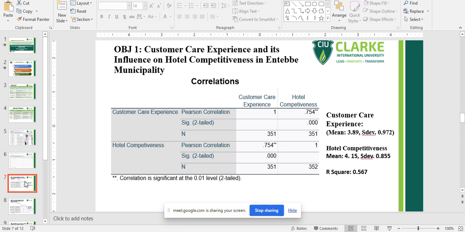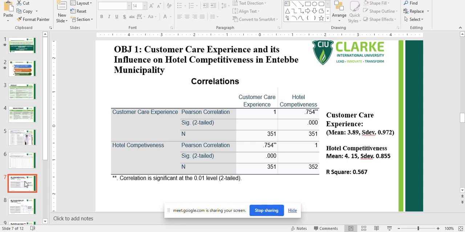It means that for hotels of Entebbe municipality to remain competitive in a market which has multicultural customers and is a tourism destination, they have got to make sure that customer care experience is strengthened so that the hotel remains competitive.